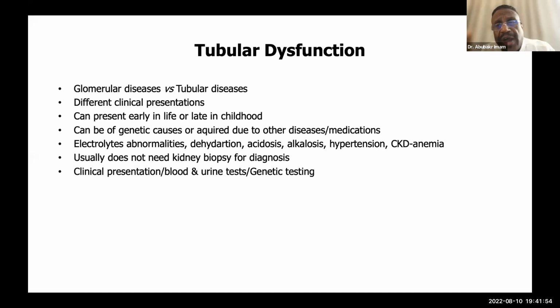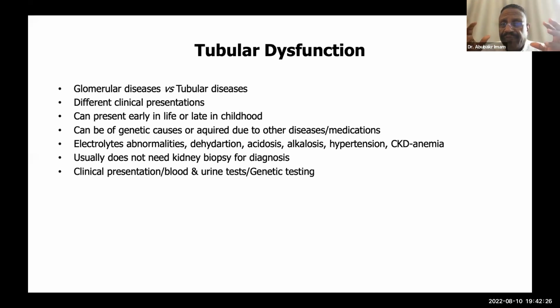As for the acid-base balance, if you remember from your education, there is a respiratory component and there is a metabolic component. Whenever we're talking about the kidneys, we are talking about the metabolic component of the acid-base balance. The respiratory component is due to the lungs and other pulmonary diseases.